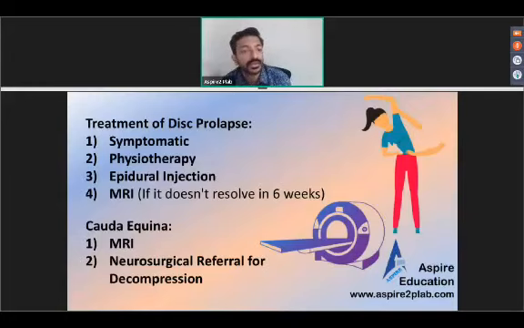So that kind of history you will get in this station. And make sure the treatment is symptomatic, physiotherapy, epidural injection might be, MRI after 6 weeks. But if it is cauda equina, straight away go for MRI, neurosurgical referral for surgical decompression to prevent irreversible neurological damage. All right, so this was disc prolapse.